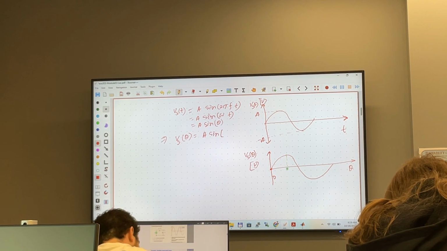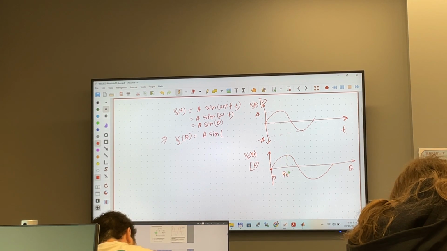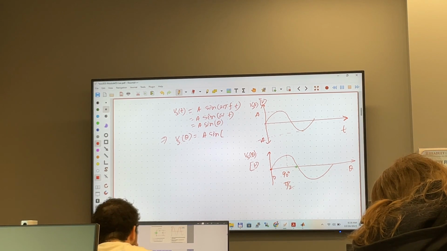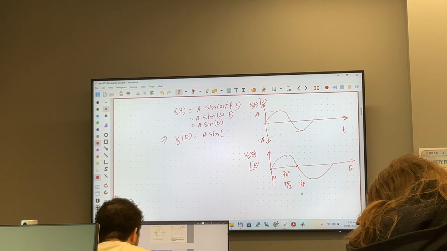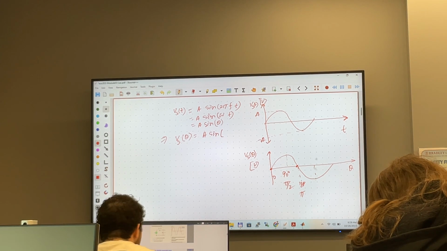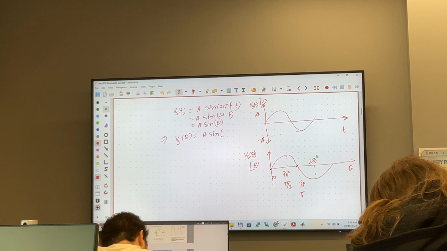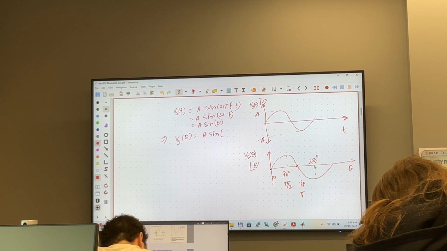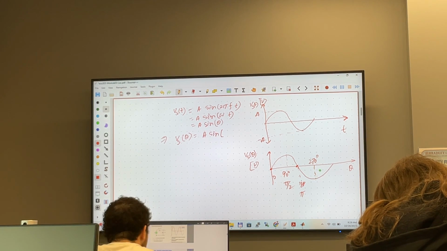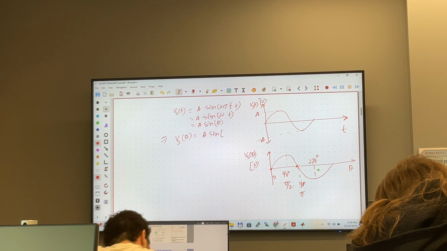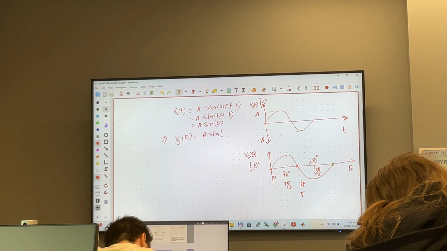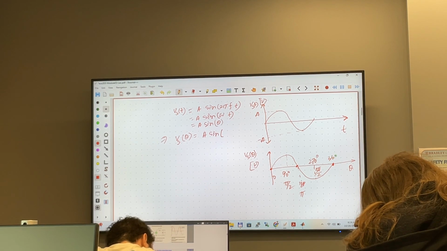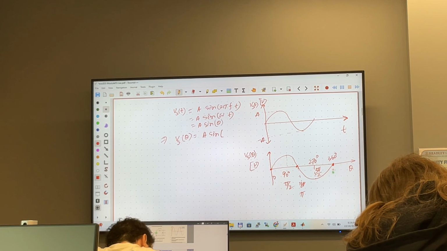Theta here is going to be 90 degrees, in other words pi over 2. Theta here is 180 degrees, in other words pi. Theta here is 270 degrees, in other words 3 pi over 2. And the angle here is 360 degrees, which is 2 pi.